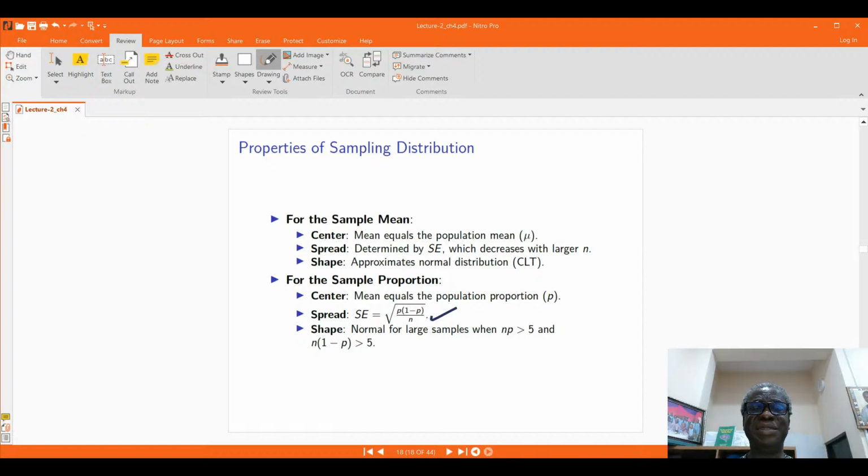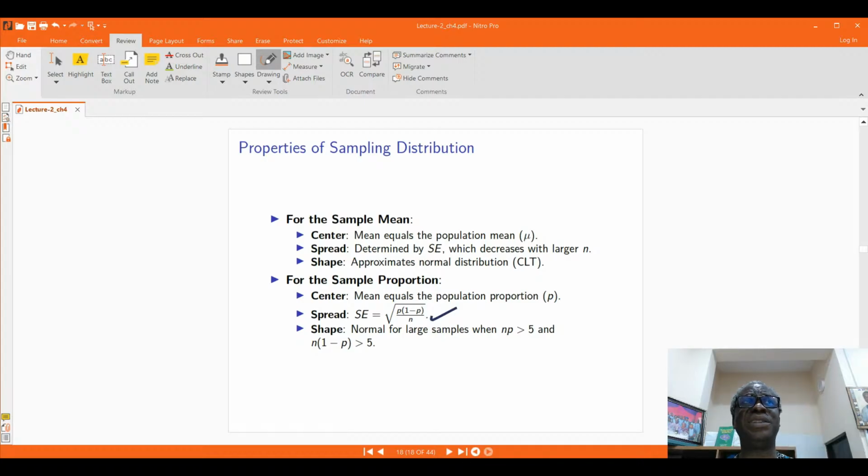And at the same time, the product of the sample size and the proportion of failure is greater than 5.